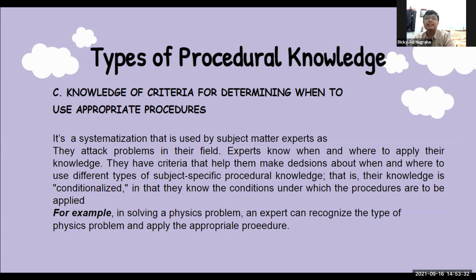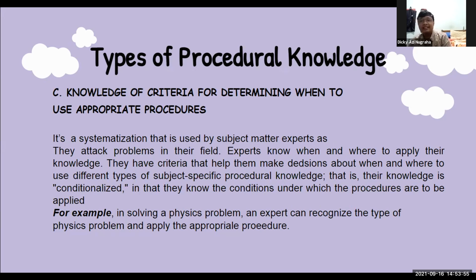Experts know when and where to apply their knowledge. They have criteria that help them make decisions about when and where to use different types of subject-specific procedural knowledge. That is, their knowledge is conditionalized in that they know the conditions under which the procedures are to be applied.